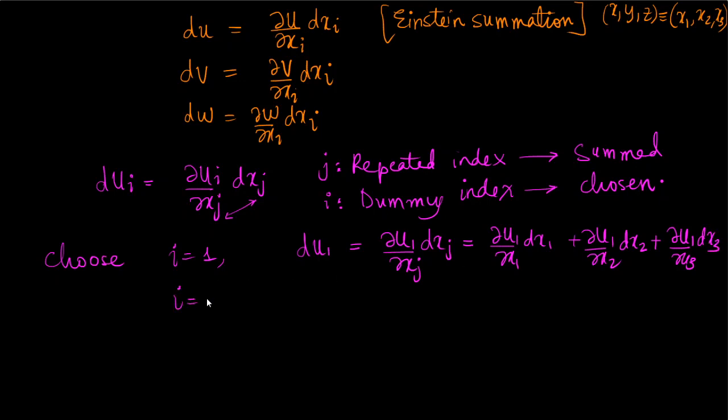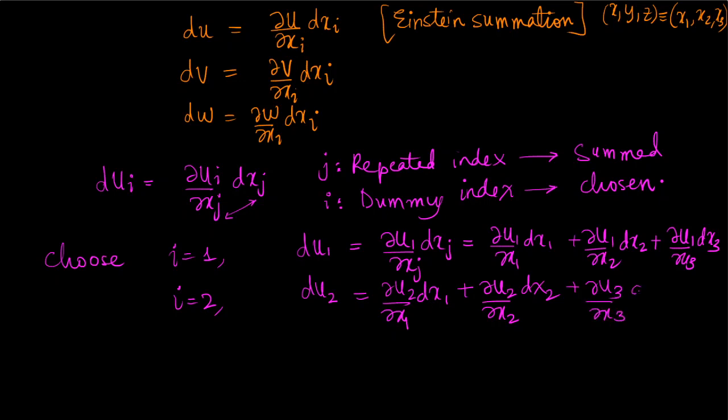Similarly, if I choose i equal to 2, I will have du2 is equal to del u2 del x1 dx1 plus del u2 del x2 dx2 plus del u2 del x3 dx3. And similarly, I can choose i equal to 3 and write down the same expression.